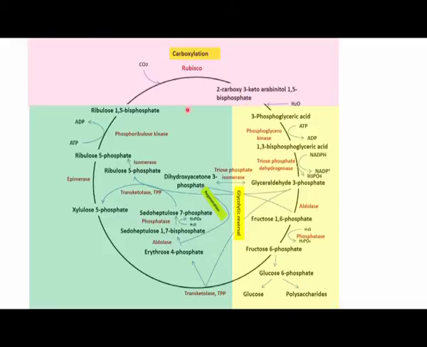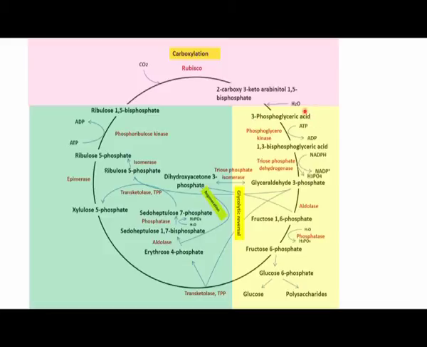So, 3-phosphoglyceric acid is being phosphorylated with the help of ATP, and in this process it is converted into 1,3 bisphosphoglyceric acid. This reaction is catalyzed by an enzyme known as phosphoglycerate kinase. As you can see in this reaction, the ATP is being used. ATP is getting converted into ADP, and the phosphate is being used to phosphorylate the 3-phosphoglyceric acid.